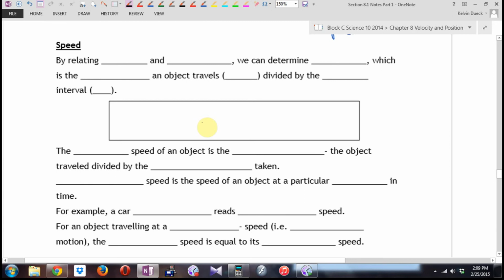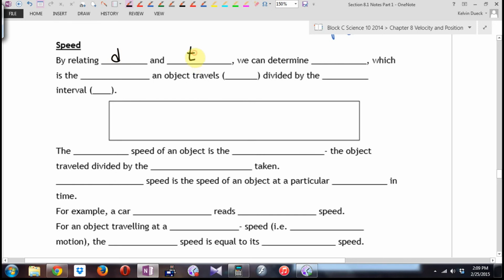So, it turns out, by relating distance or displacement, which one? Distance. You can write the word distance, or you can do that.